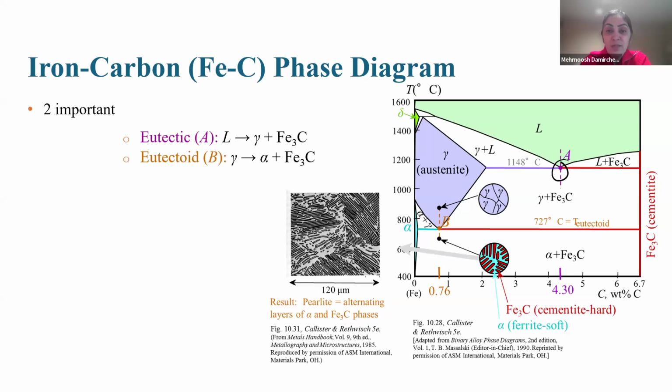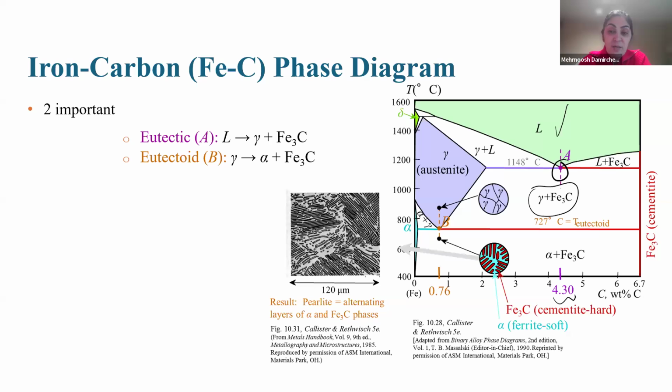So here we have gamma plus cementite. Above is liquid, below is gamma plus cementite. It is eutectic. What about the temperature? 1148, and the composition weight percent is 4.38% carbon. So it is the eutectic, a very important point or reaction.